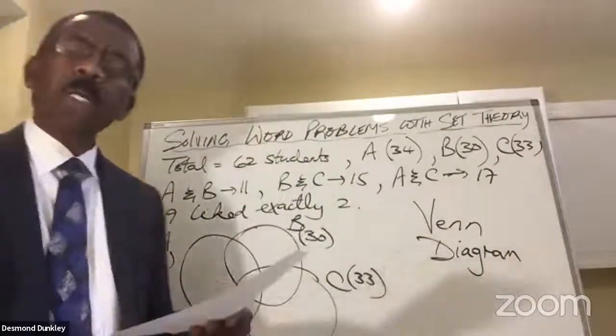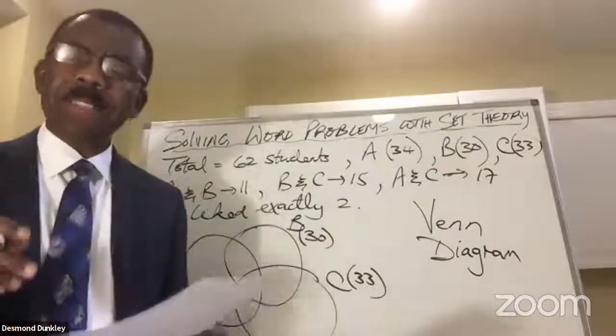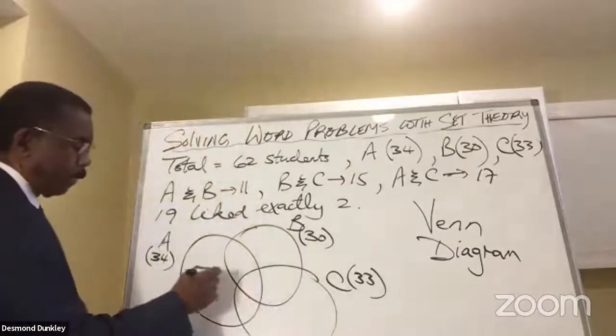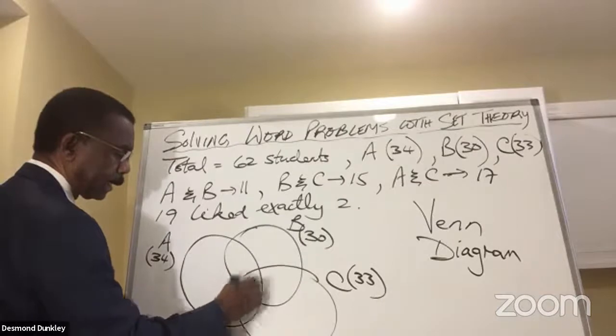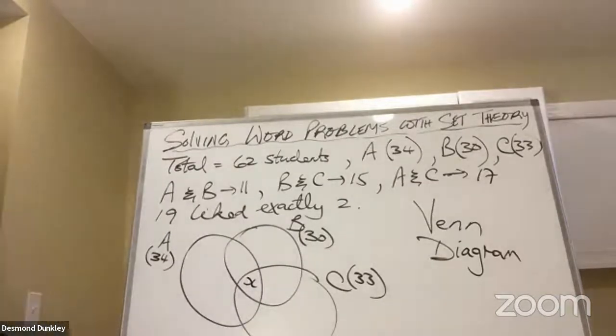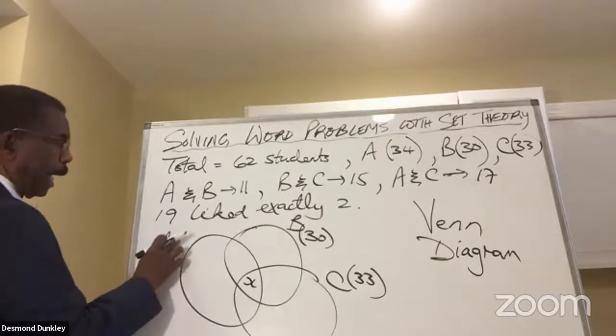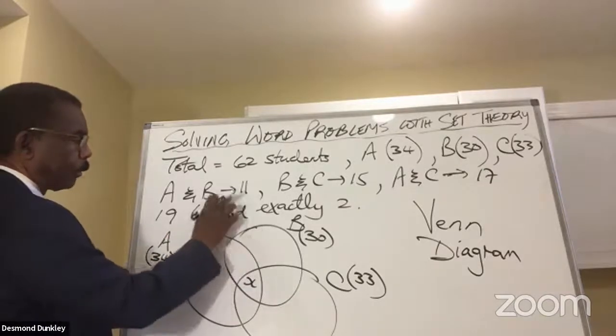What we do not know is how many students liked all 3 fruits. Since we do not know that number, we could call that number X. We don't know what's here, but we know that apricots and bananas gives us a total of 11.